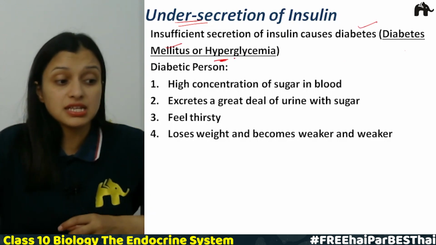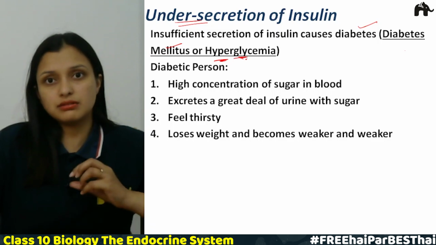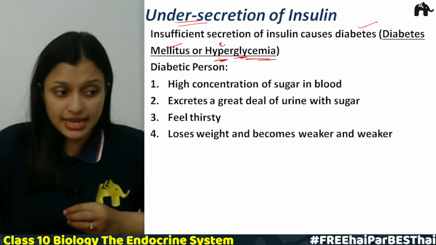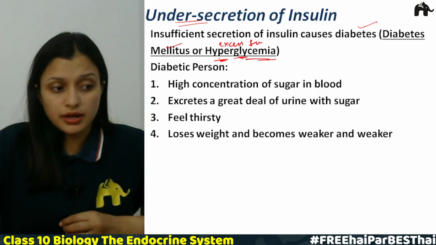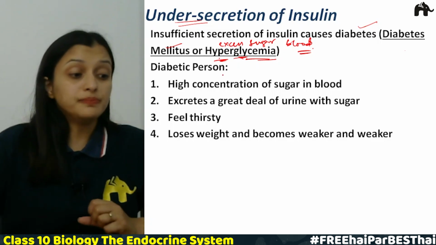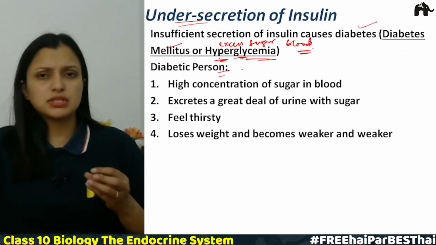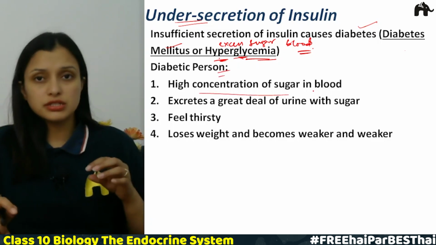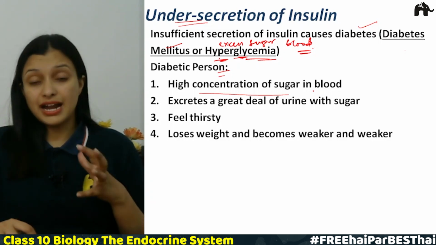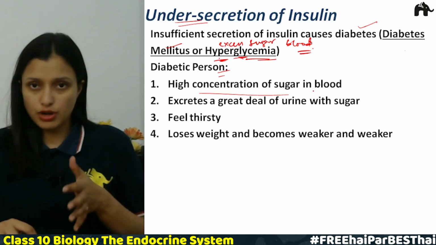Hyper means excess, glycemia, so it means excess sugar in blood. In a diabetic person there is a high concentration of sugar in blood, and that much sugar is not very healthy for our body.